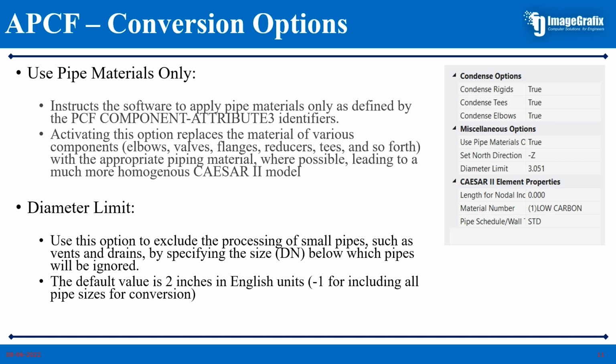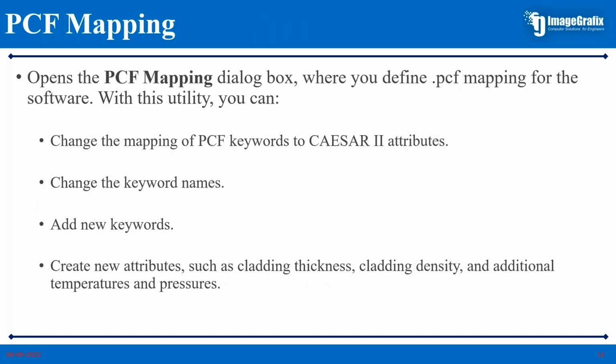The second will be your PCF mapping. Here it gives you the dialog box where the definition of your PCF mapping for the software is done. What we'll be doing here is changing the mapping of PCF keywords to the CAESAR II attributes. CAESAR II has some predefined attributes, and against those attributes, we define which PCF attributes should be utilized.